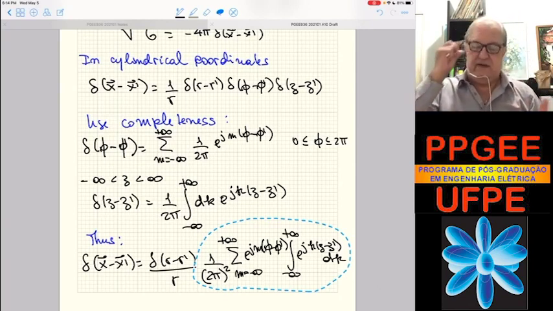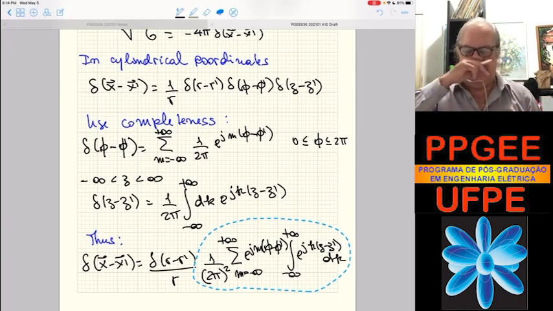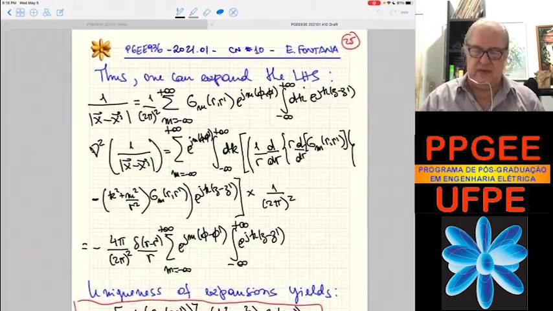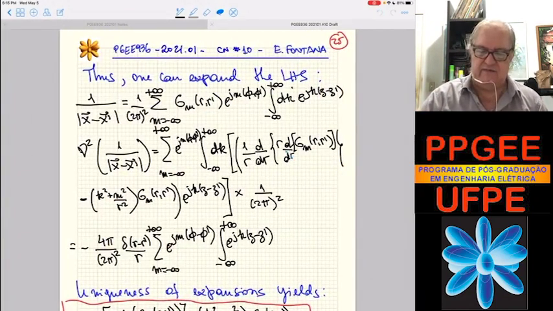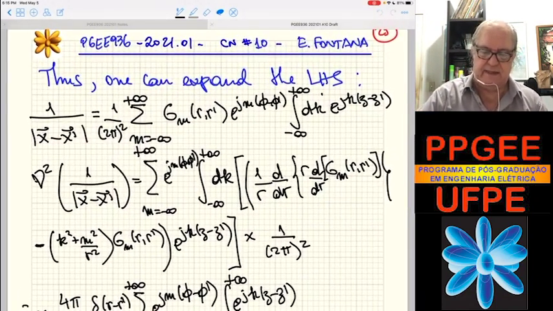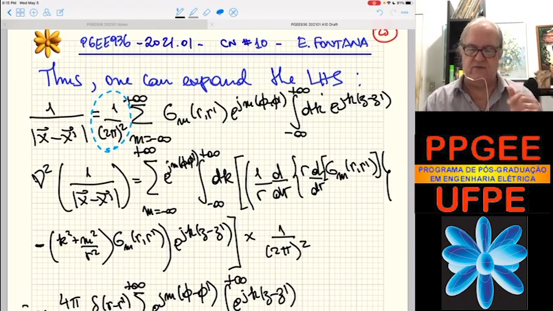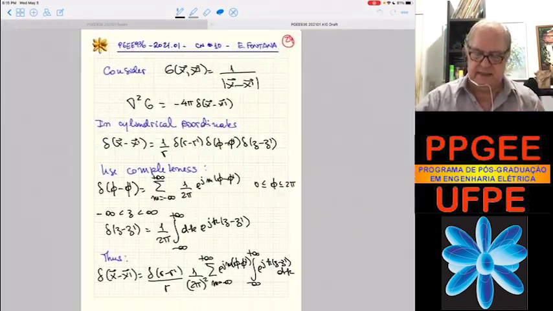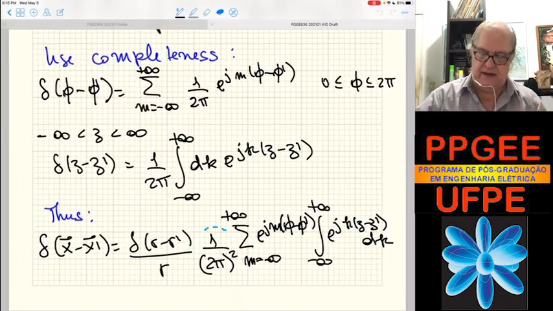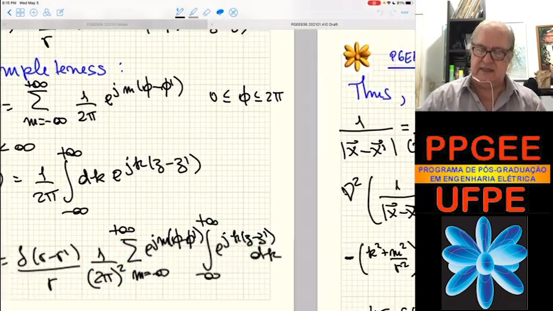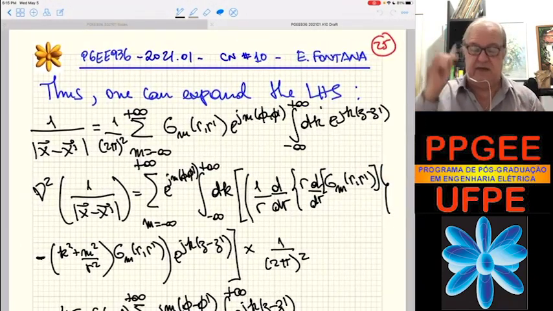That's the beauty of using orthogonal functions. So when we do that, it means that the inverse function can be expanded. We're going to use those coefficients here by convenience. Why? Because in the delta function, we have the 2 pi squared here, right?